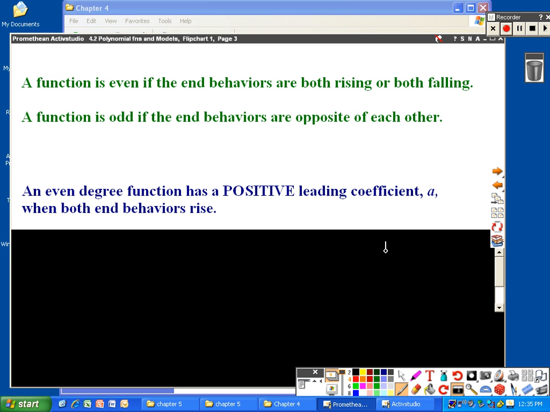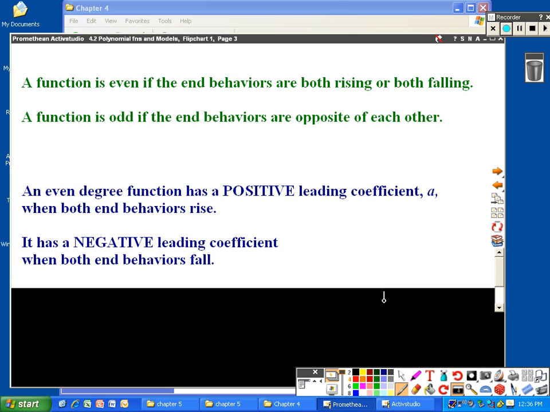An even degree function has a positive leading coefficient A when both end behaviors rise, and it's a negative leading coefficient when both end behaviors fall. That is how you would know if it's a positive A or a negative A: positive rises, negative falls.